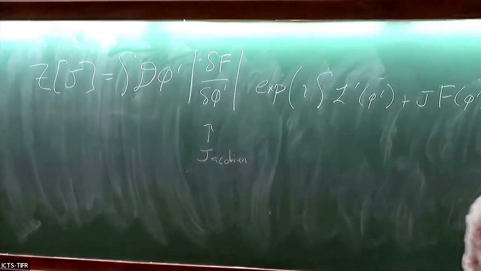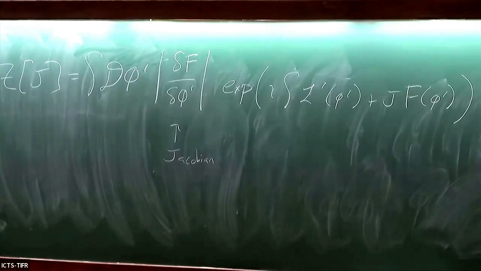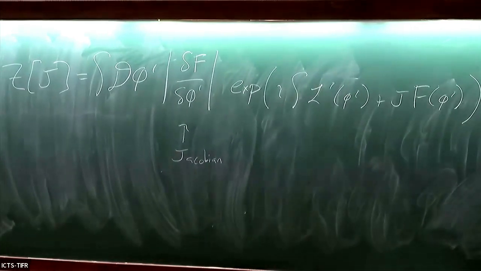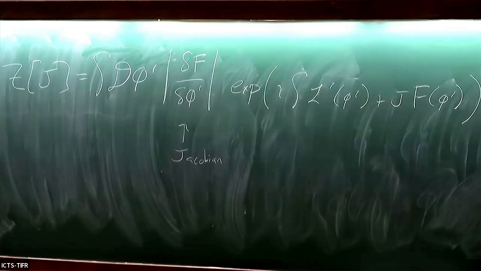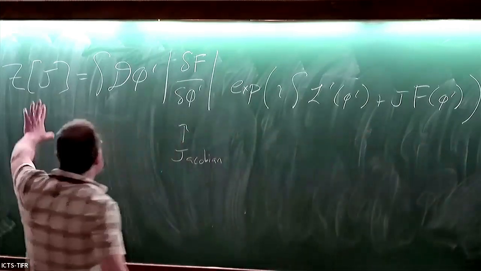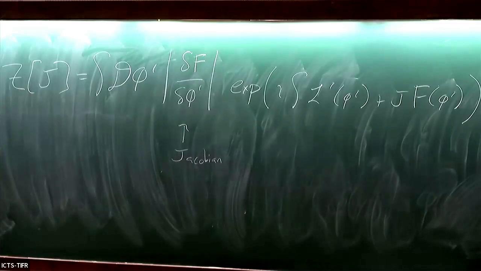Because again, what did I do? I replaced phi by f of phi prime, and I replaced the Lagrangian in here by L prime of phi prime. So this is honestly doing the field redefinition.